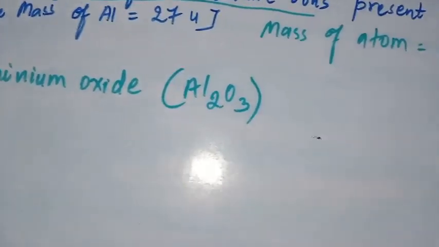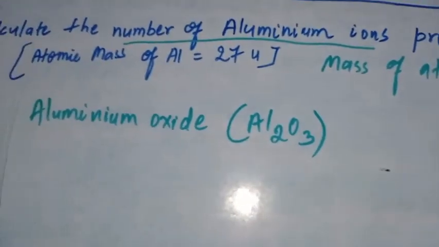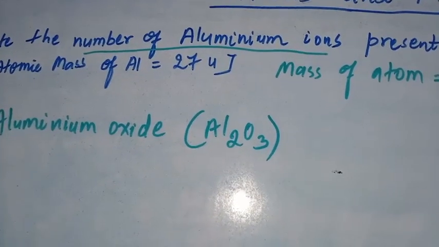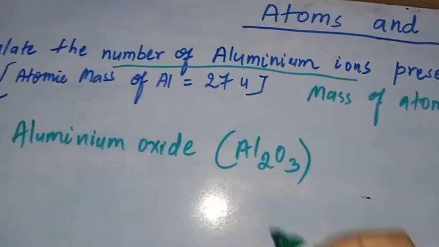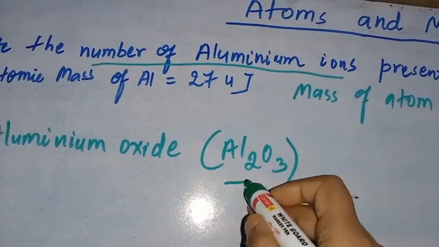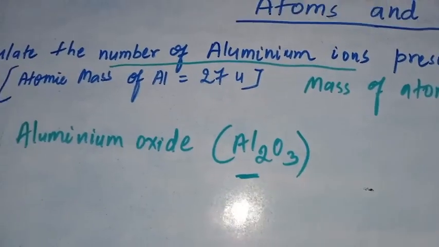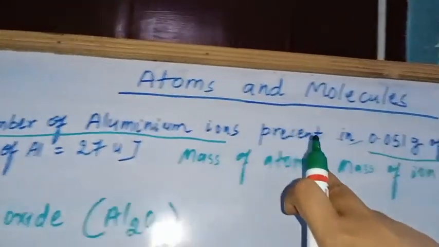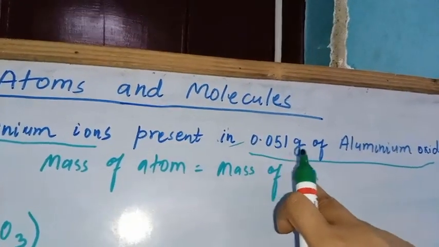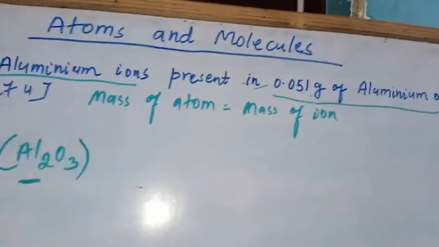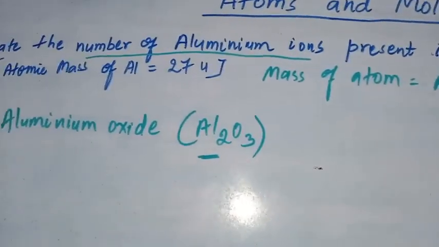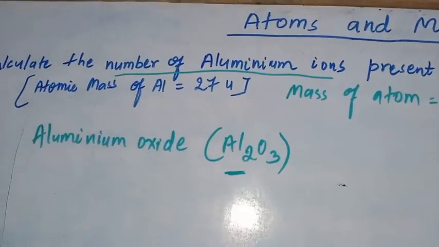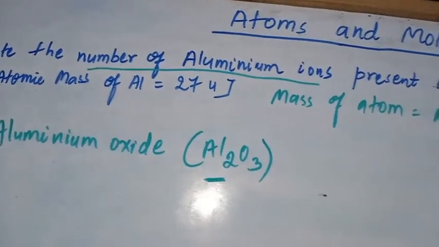If you see the chemical formula of aluminium oxide, it is Al2O3. First we should know how many aluminium ions are present in aluminium oxide, because we have to calculate the number of aluminium ions in 0.051 gram of aluminium oxide. So first we will calculate how many aluminium ions 1 mole of aluminium oxide contains.